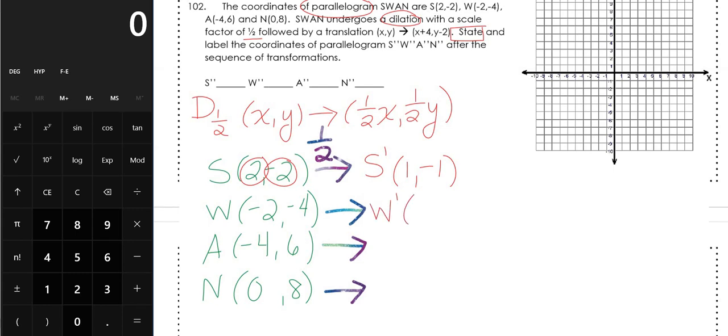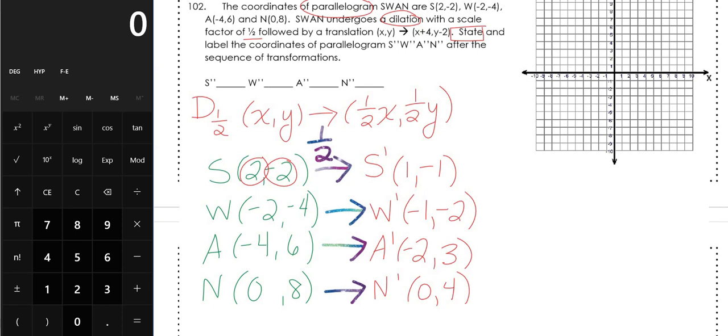W prime, -2 times 1/2 is -1, -4 times 1/2 is -2. A prime, -4 times 1/2 is going to be -2, 6 times 1/2 is 3. And lastly, for N prime, 0 times 1/2 is just 0, 8 times 1/2 is 4. Okay, so that's after the first transformation, your dilation.